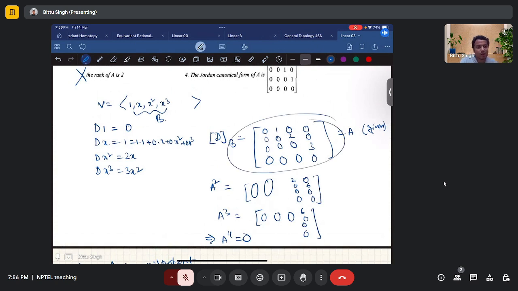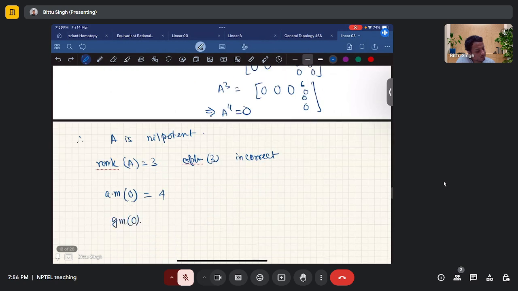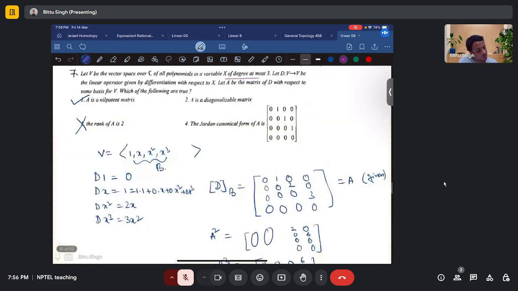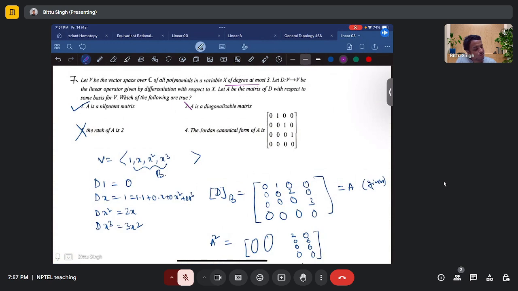Rank is 3, therefore the nullity of this matrix is 1. So nullity is 1 means the geometric multiplicity of 0 is 1. So this is strictly less, GM is not equal to AM, therefore this is not diagonalizable. So the statement that A is diagonalizable is false.